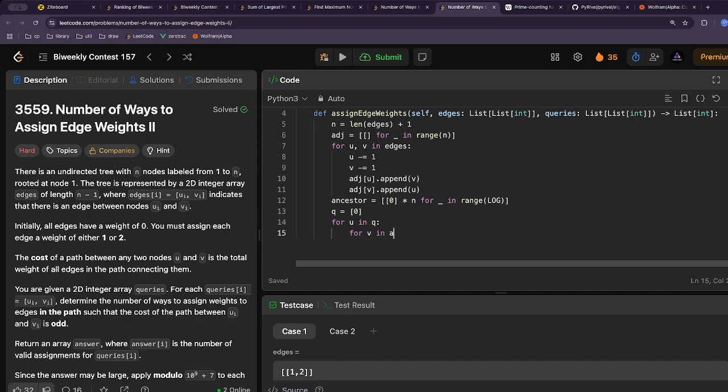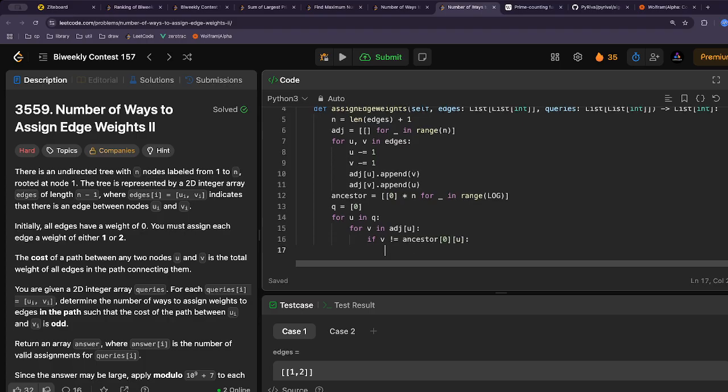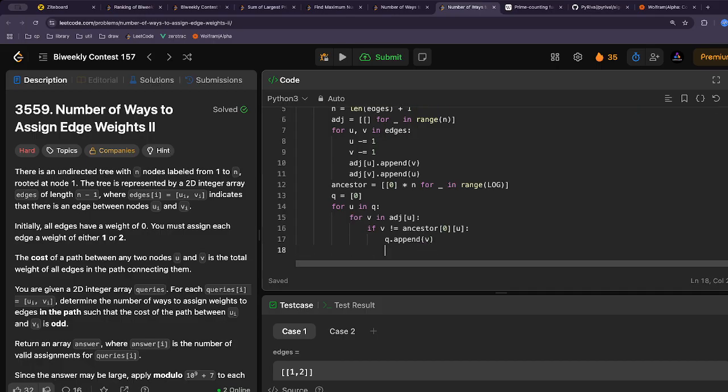We are going to go through this, and we want this to be different than the parent of U. But we also want to calculate the depth, right? That's something that we need.